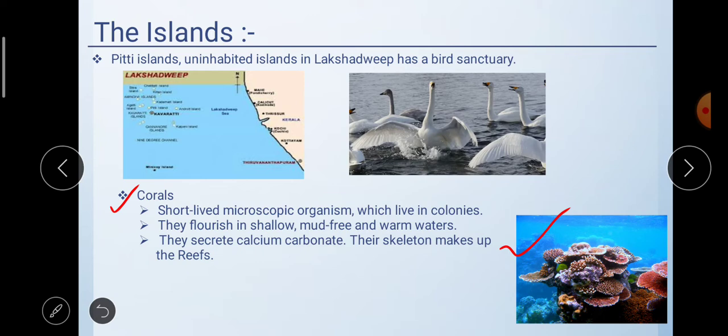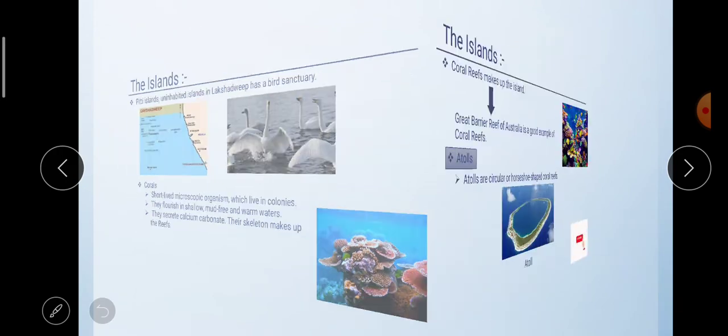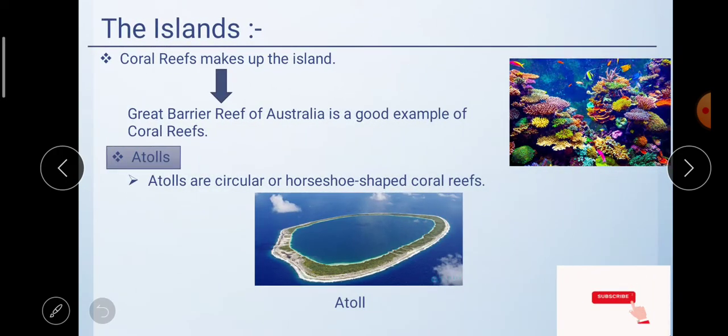Coral reefs are made from the skeletons of corals, and coral reefs make up the islands. All these islands are made up of coral reefs. An example we can take is the Great Barrier Reef of Australia. It is a good example of coral reefs, made completely of coral reefs.